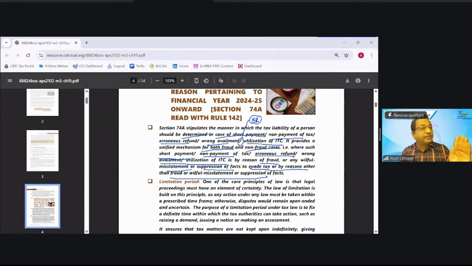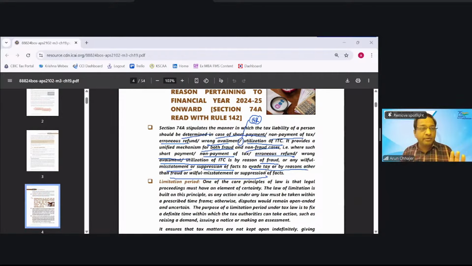Suppose the time limit of 3 years is crossed and the officer has raised a demand under 74 of, let's say, 1 crore. Now, in the higher forum, if he is unable to prove that there was malafide intention, the entire proceeding was dropped because when he initiated the demand, he issued the notice after the time limit of 73.